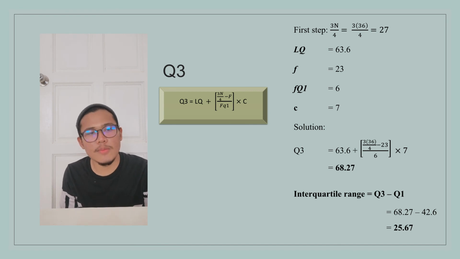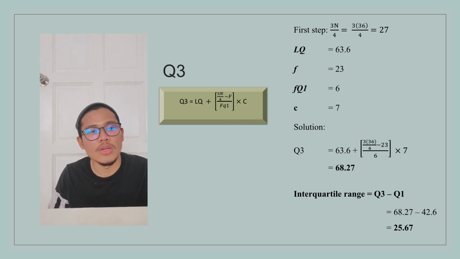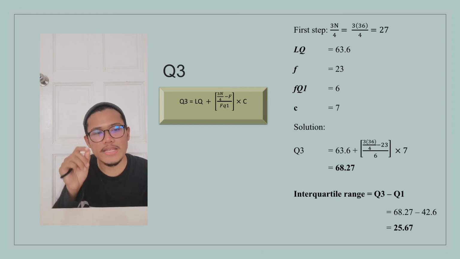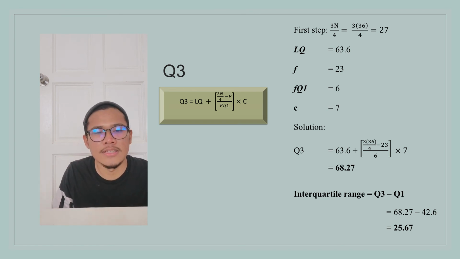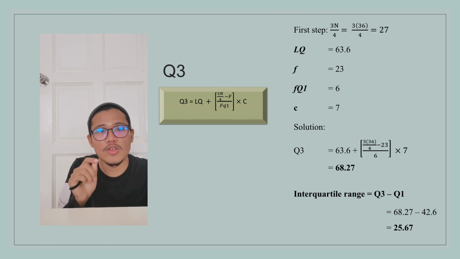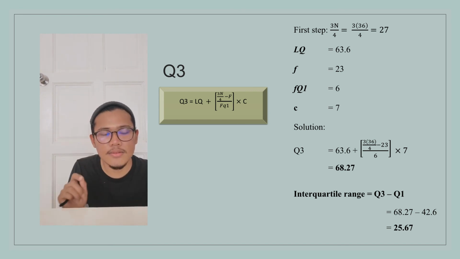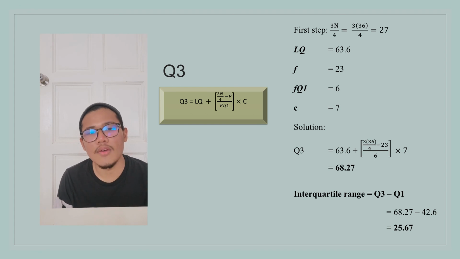For Q3, we have the same equation, but we just put a 3 before the N. So here is the formula: Q3 equals LQ plus 3N over 4 minus F over FQ3, multiplied by C. The first step is 3N over 4, so we put the 3 before the 36 and then over 4. For LQ we got 63.6, F we have 23, and FQ3 is 6.